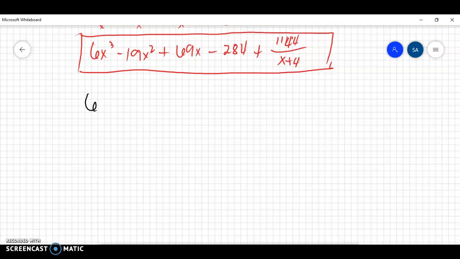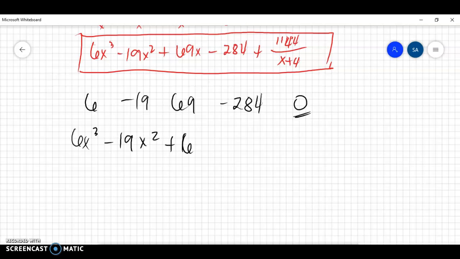You only have 6, negative 19, 69, negative 284, and then 0. Kapag ka-0 yung last, wala siyang remainder. So, proceed na kayo agad doon sa ating polynomial function. Kung wala siyang remainder. Okay. So, again, yun na lang yung sagot.